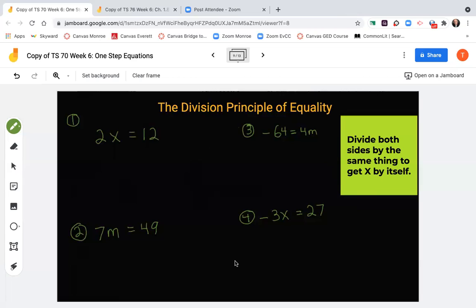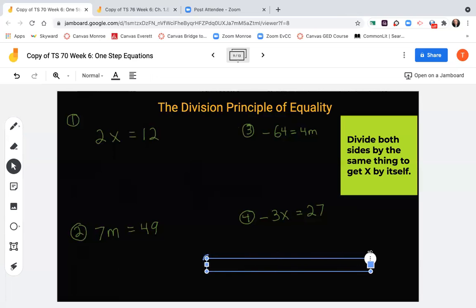Another thing that you might want to do is put this note, which I gave myself some space for here: the idea that you're going to do the opposite, and I'll put in parentheses times or divide.